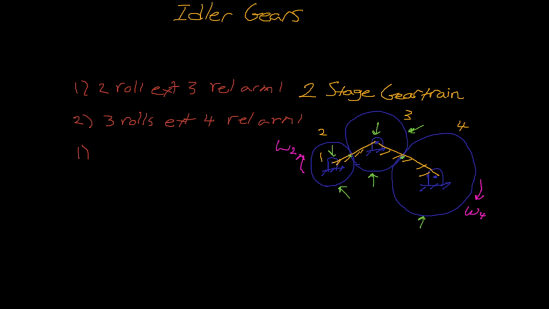So equation 1 becomes rho 2, which is the radius of gear 2, times delta theta 2, so the change in angle of 2 relative to 1, is equal to a minus, because it's external, rho 3 times delta theta 3 relative to 1.